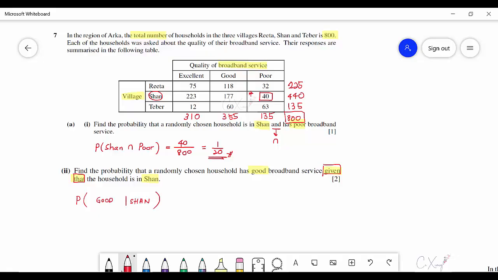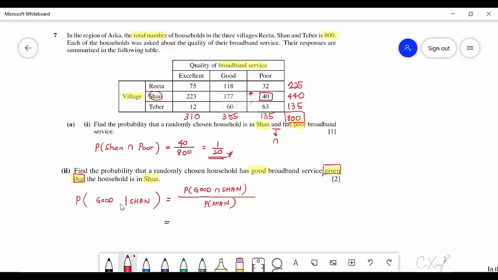So when you write the symbol, it should look something like this, the conditional probability symbol. And after that, the formula for this will be good broadband service intersect with Shan, divided by the probability of Shan.